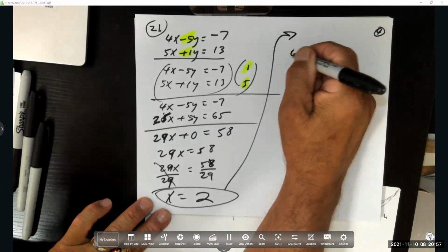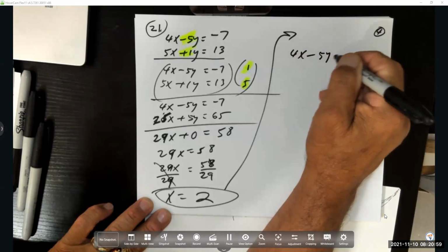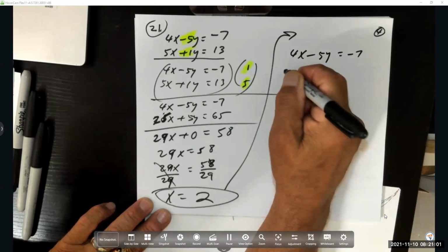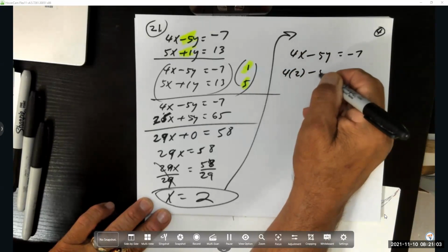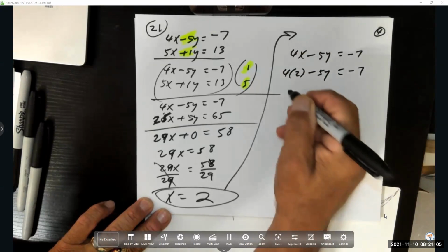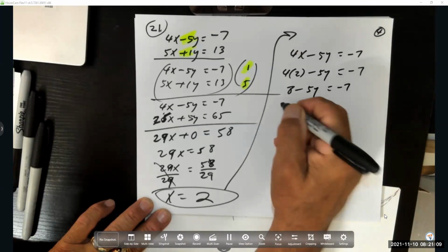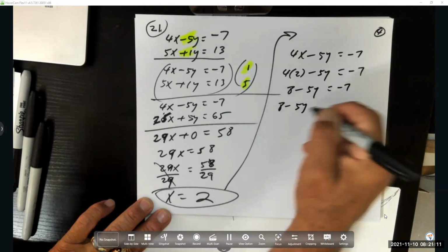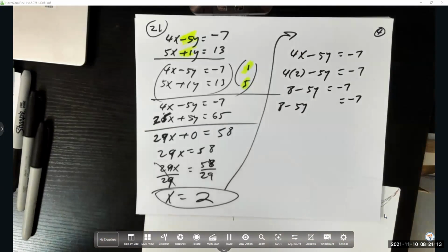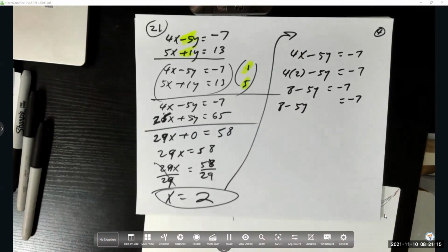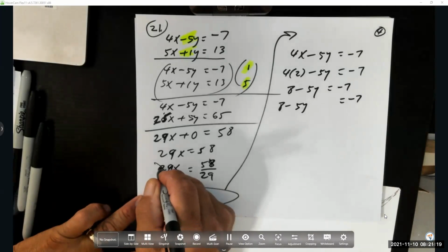So now 4x minus 5y is -7. So 4 times 2 minus 5y equals -7. So 8 minus 5y equals -7. So you tell me the next step. What do I do next? Subtract something. -8. -8 both sides?